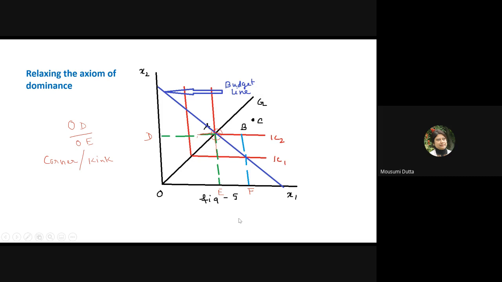MN or KL. And then first you draw OG, this ray, the ray along which consumption will take place, OG.